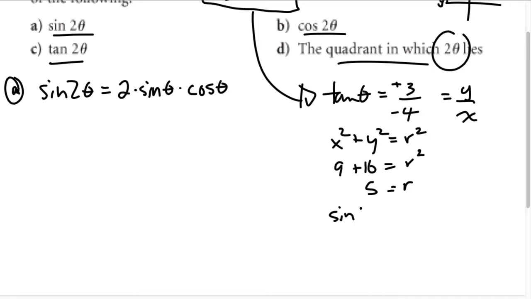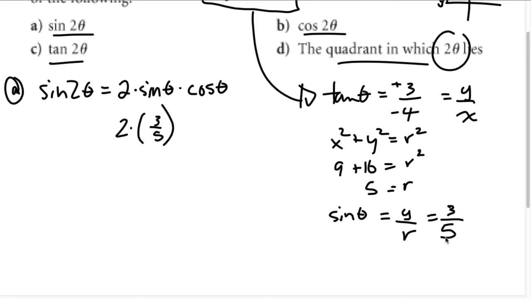Sine theta would be y over r, and y from up here is a positive 3, and r is a positive 5. So sine theta is 3/5, and that's in my formula right there. I can plug in 3/5, and the 2 is still out the front. Now I just have to figure out the cos theta.